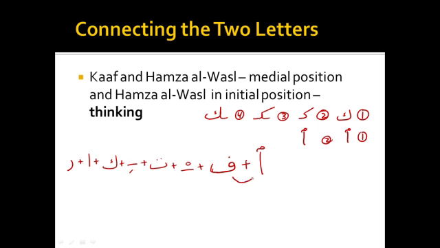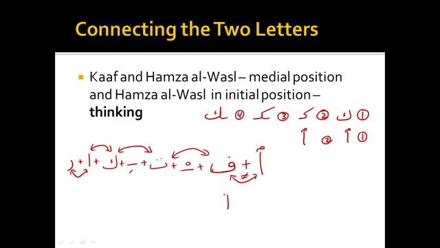Okay, now let's connect these. Now the alif, the Hamzat al-Wasl, and the fa do not connect because the alif does not connect to what comes after it. The fa and the ta, however, do connect, and the ta and the kaf connect, and the kaf and the alif connect, but the alif and the ra do not connect because the alif does not connect to what comes after it. So let's write these together now.